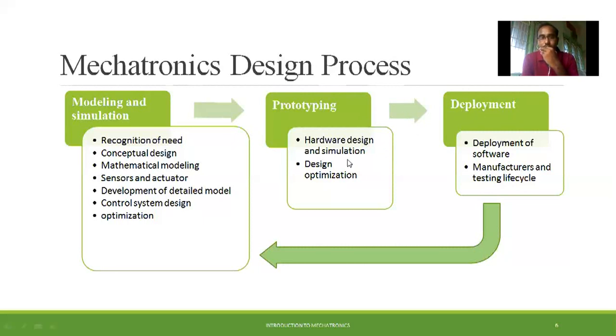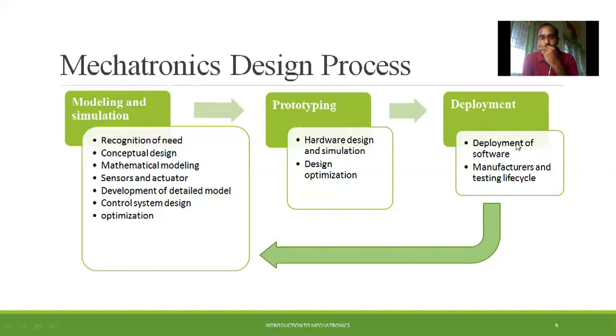Next, after the endorsement and completion of this prototype, we'll go for development. Developing means that if components of the mechanical and electrical fields are assembled into the system, fixation of the hardware components and simulation will not be sufficient for running the entire machinery, because a set of instructions needs to be given to that device by utilizing software, and this software has to be supported with respect to the hardware.